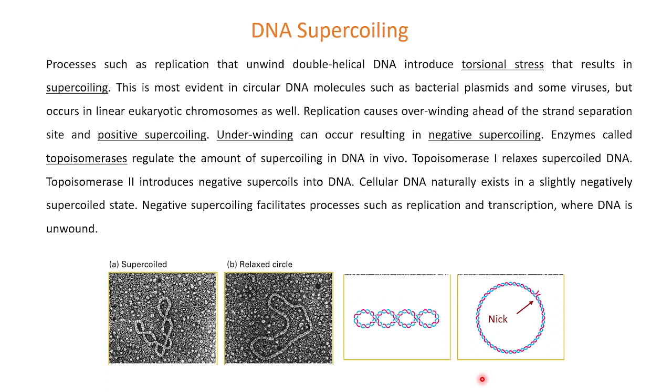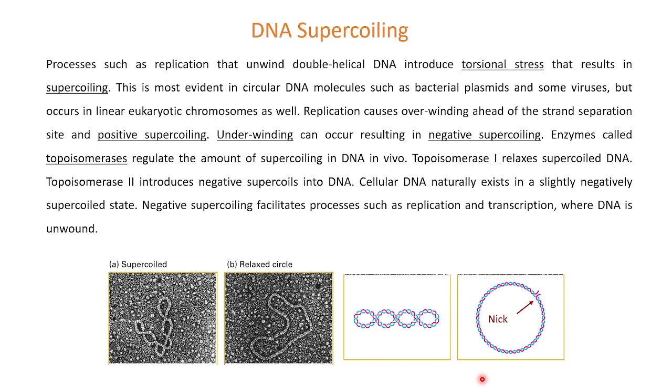Now coming to DNA supercoiling. Processes such as replication that unwind your double helical DNA introduce a torsional stress that results in supercoiling. This is most evident in circular DNA molecules like bacterial plasmids, sometimes viruses, but occurs in linear eukaryotic chromosomes as well.